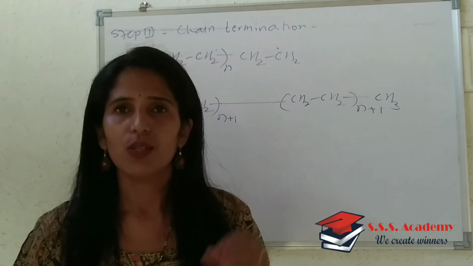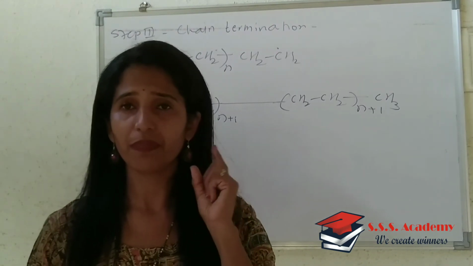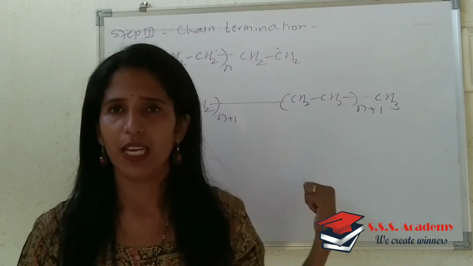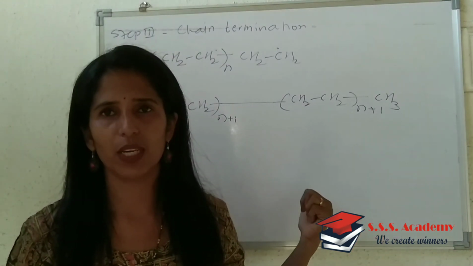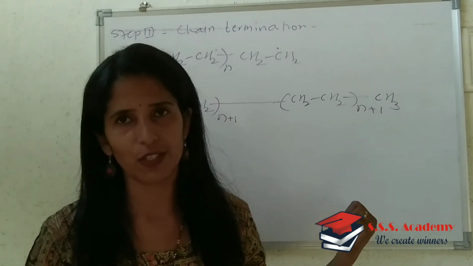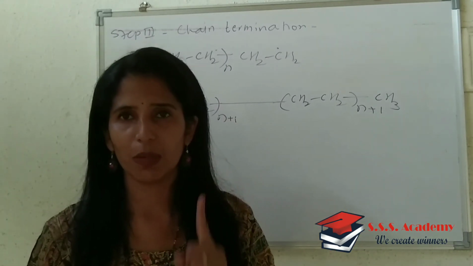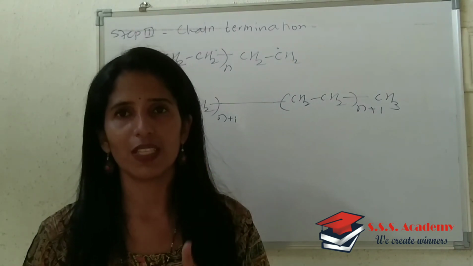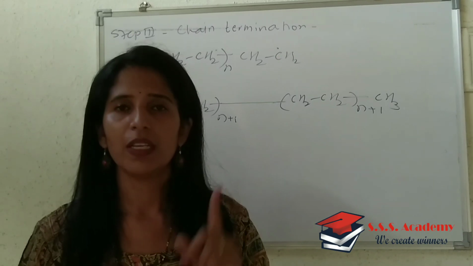Is it clear? So we started with the second basis for classification, that is structure, which we have seen, and then we have done this third one. It's nothing but the types of polymerization reaction, or the way of polymerization reaction. The first type is addition, the second type is condensation. In this lecture we have done addition polymerization reaction.